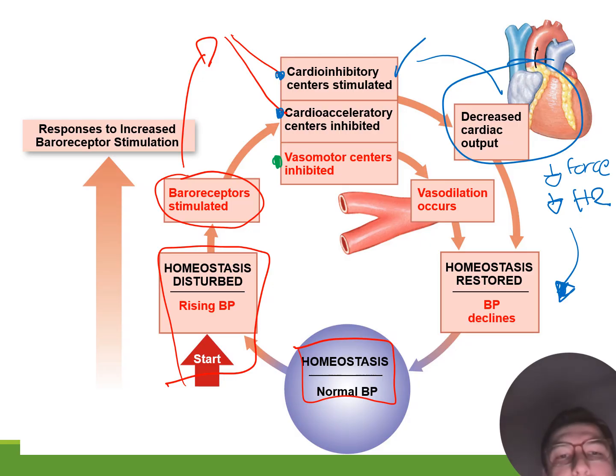And the center is also going to have a vasomotor response, where we're now causing vasodilation in the periphery with decreased norepinephrine. When we have decreased norepinephrine, then there will be less vasoconstriction in the periphery, and we will redistribute blood flow to that periphery, and we will lower blood pressure until we get to this homeostasis.